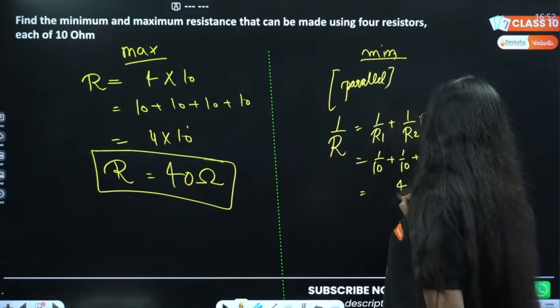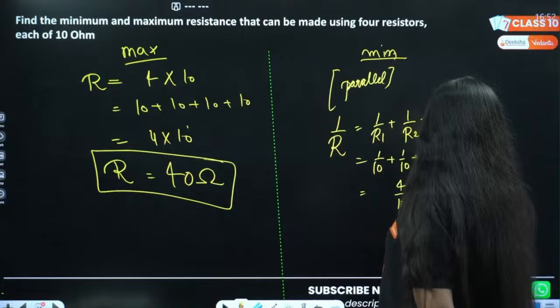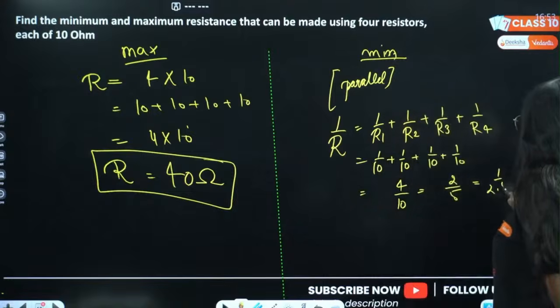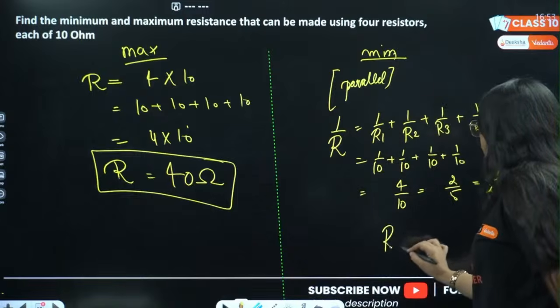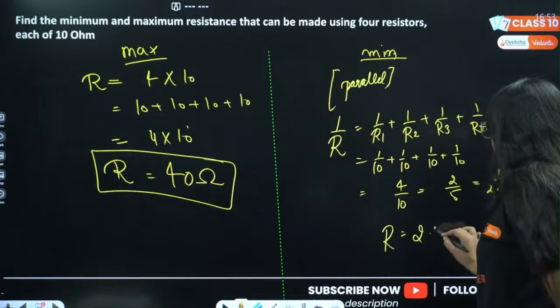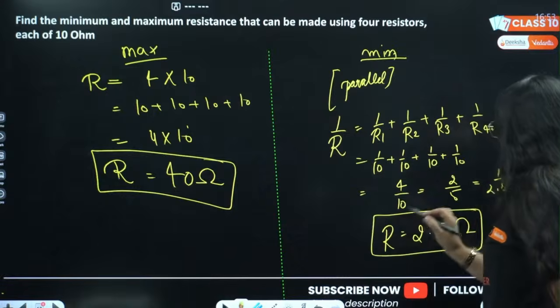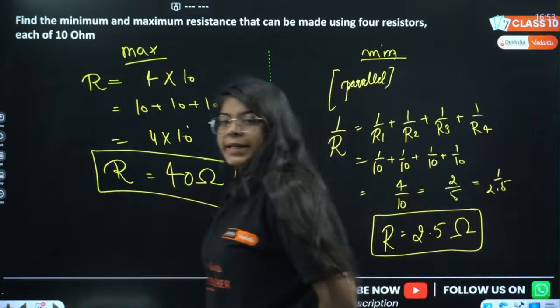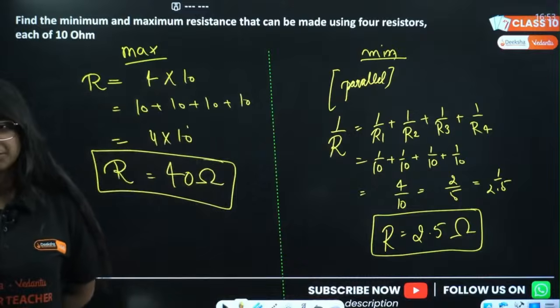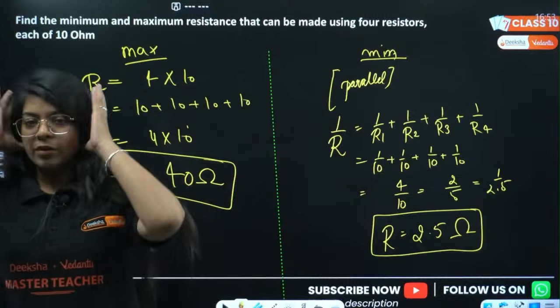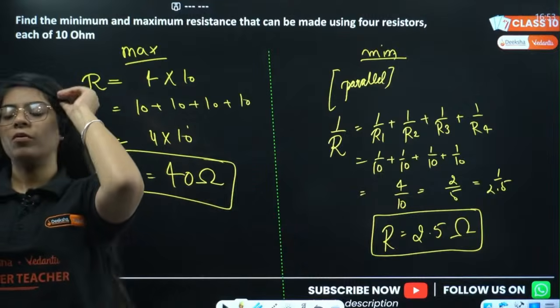That will be 4 by 10, that will be 2 by 5, which will be 1 by 2.5. So R will be 2.5 ohm. ठीक है everyone, 40 ohm and 2.5 ohm. Very good everyone. So proud of you.